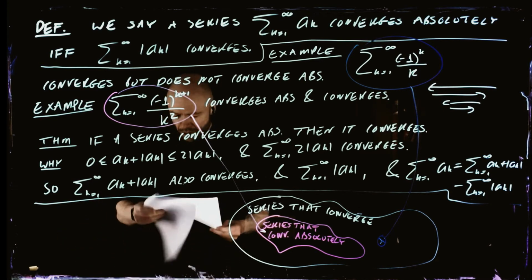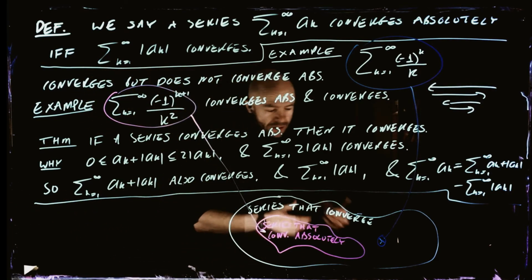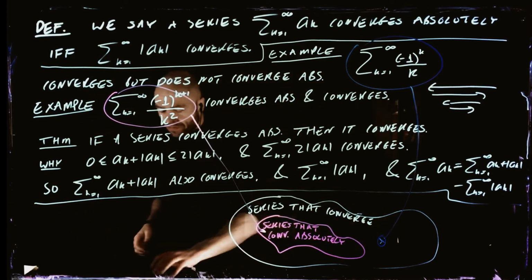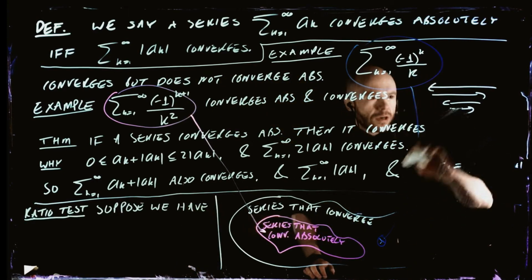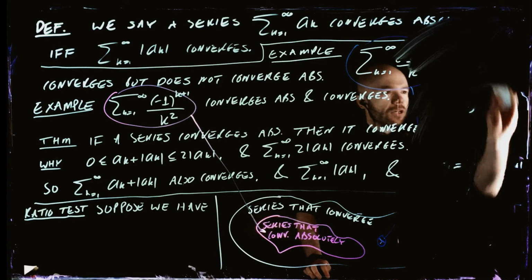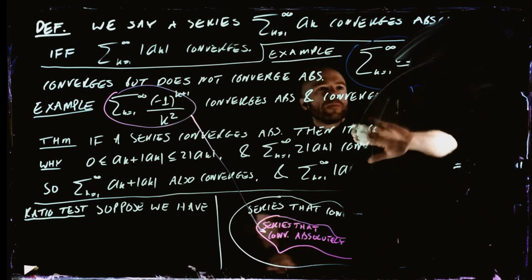And now we're going to learn a test that tells us when something converges or not. And this is called the ratio test. Let me say in words what it says, and then I'll write it in the language of maths, and then I'll explain it.